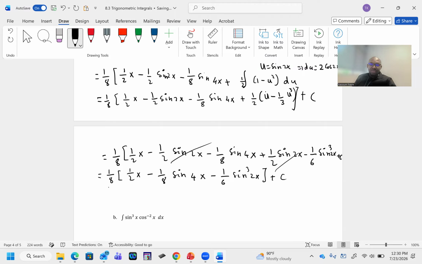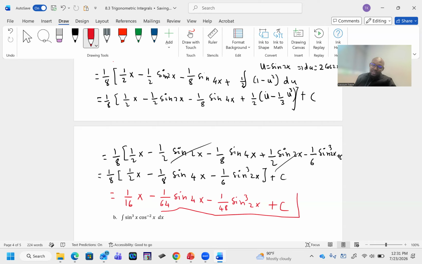If you decide to distribute your 1 over 8, 1 over 8 times 1/2 will give me what? Let me bring it down a little bit. So my final answer will be 1 divided by 16 x minus 1 over 8 times 1 over 8 is 1 divided by 64 sine of 4x. 1 over 8 times negative 1 over 6 will be 1 over 48 sine cube of 2x, then plus c, and that's it.